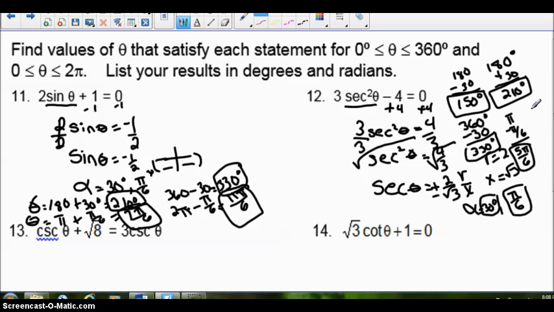Okay, and then pi plus pi over 6, which is 7 pi over 6. And then finally 2 pi minus pi over 6, which is 11 pi over 6. Okay, so all of those are possible ways that we could represent theta in this equation.